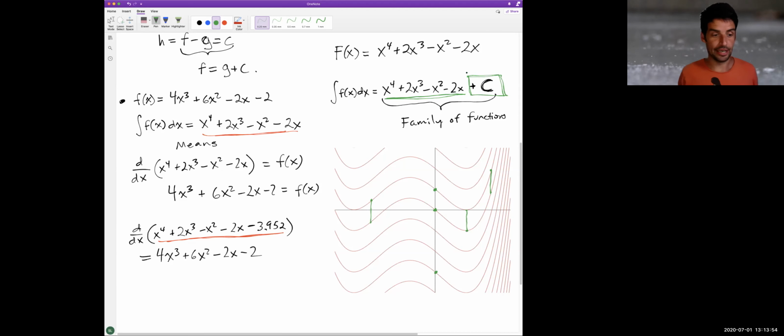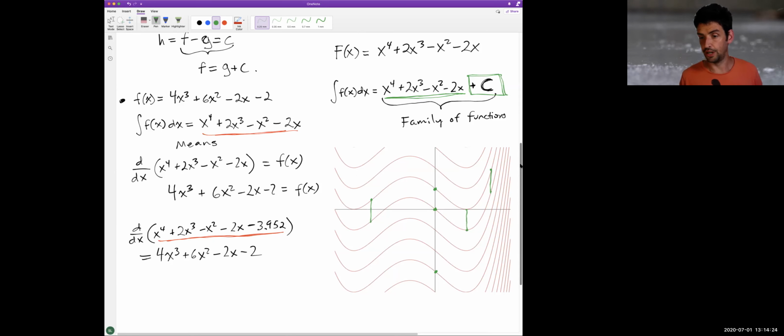This is going to seem like an annoyance often, but it turns out these plus c's are going to have some meaning, and we'll see that shortly. I'm not going to worry about it in this video, but it does tell us some extra information depending on what these functions represent, okay? And so we need to get into the habit of remembering them. And so I will insist that we have these plus c's at the end of our antiderivatives. Okay. Let's move on.